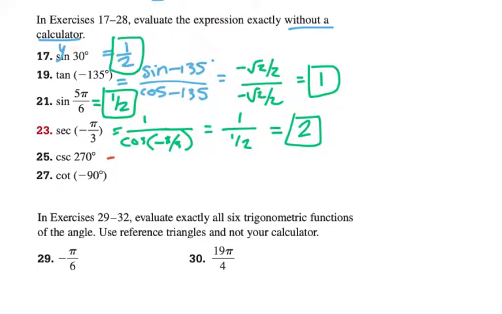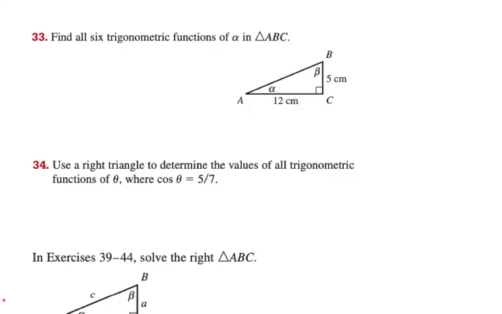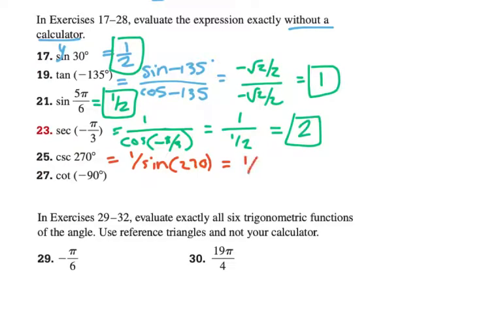Alright, next one is cosecant, and so that's 1 over sine of 270. So 1 over the y value at 270. The y value at 270 is -1. So 1 over -1 is -1.